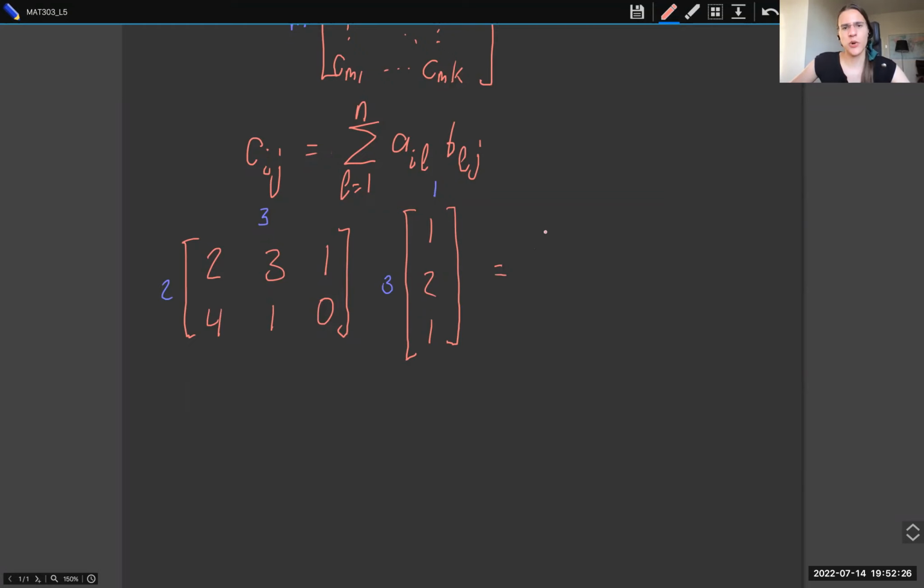So 2 is going to index this size, and then it's going to be 1. And what are the entries going to be? Well, for the first entry, I'm going to get 2 times 1 plus 3 times 2 plus 1 times 1.